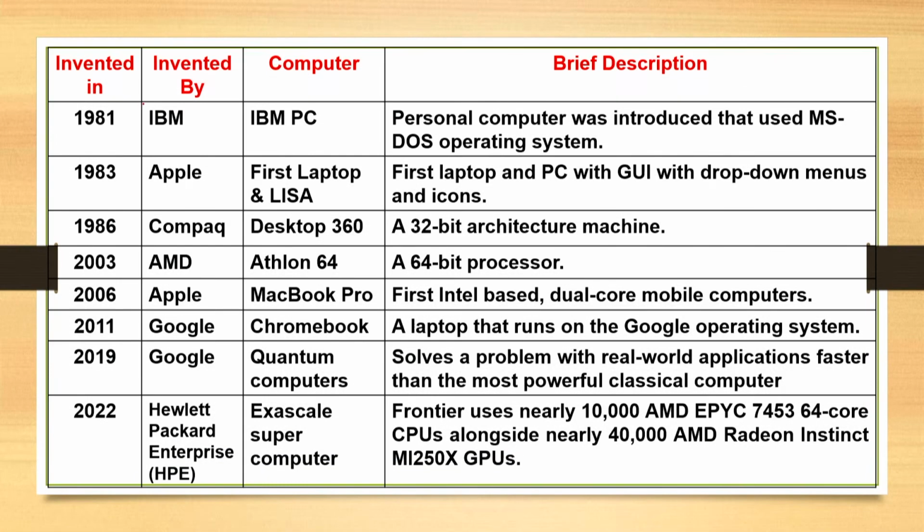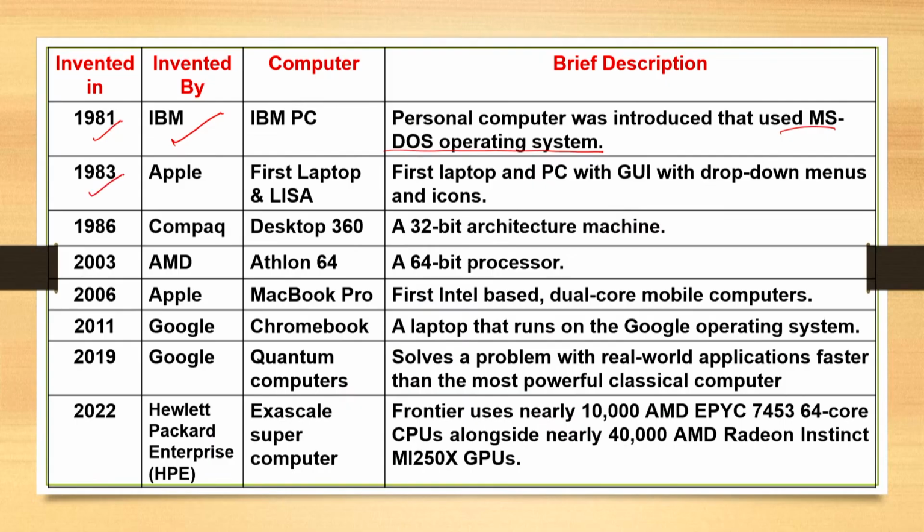In 1981, IBM invented IBM PC, which uses MS-DOS operating system. MS-DOS operating system means what? Microsoft Disk Operating System, which was the operating system designed by the company Microsoft. After that, in 1983, Apple invented first laptop and Lisa.